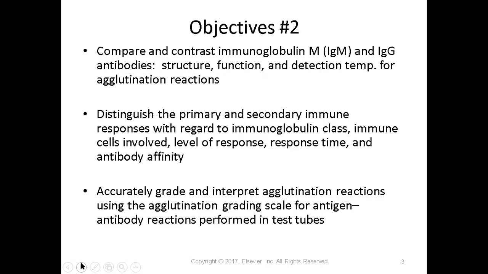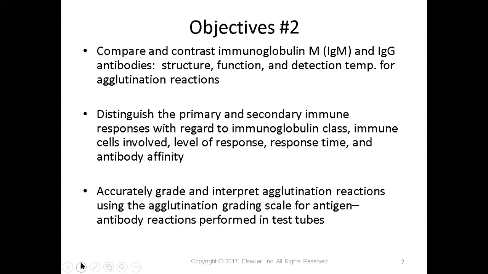For our second page of objectives, you should be able to compare and contrast immunoglobulin M, also known as IgM, and IgG antibodies. How are they different in structure, function, and the detection temperature for agglutination reactions for each?